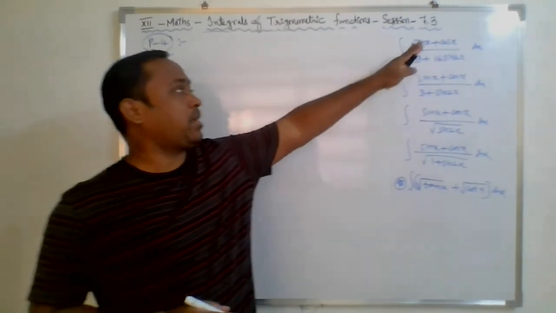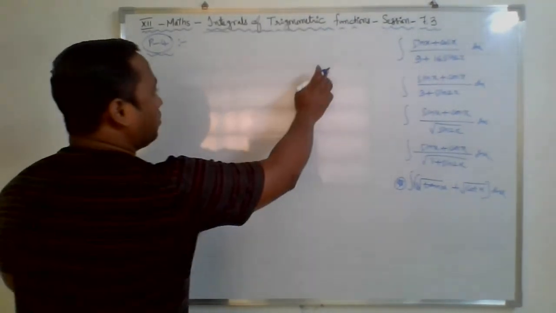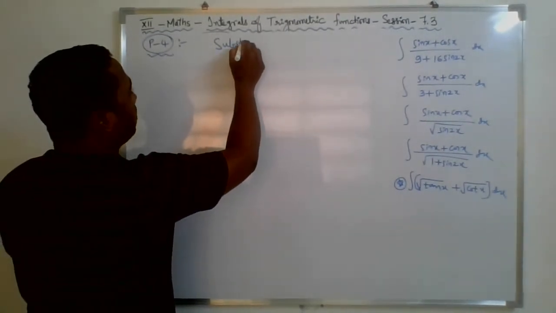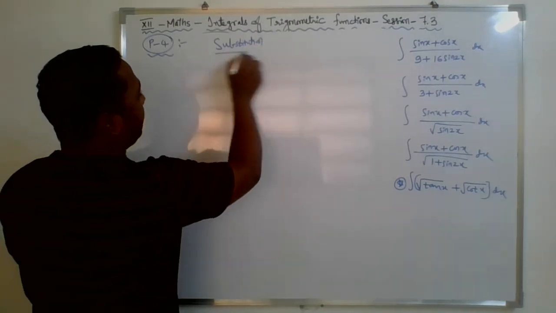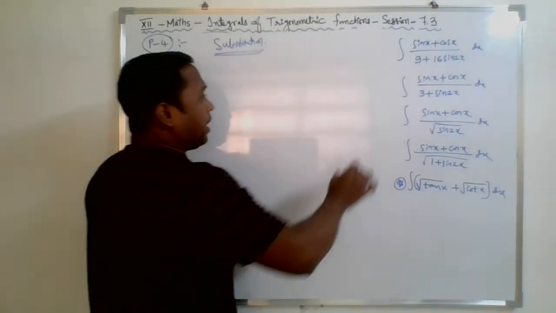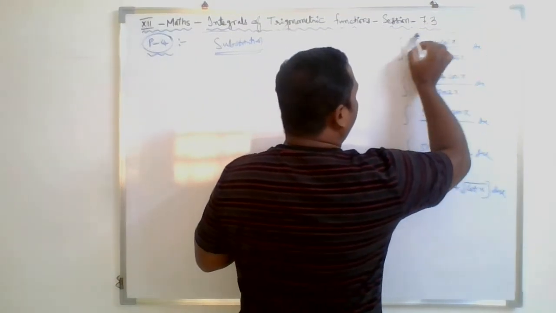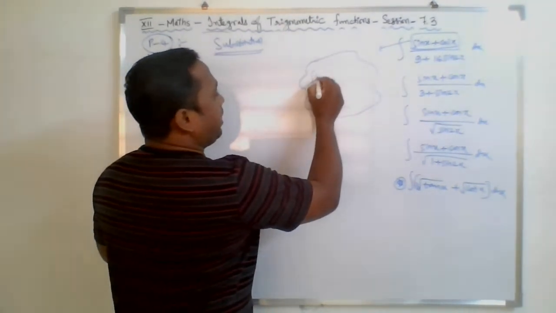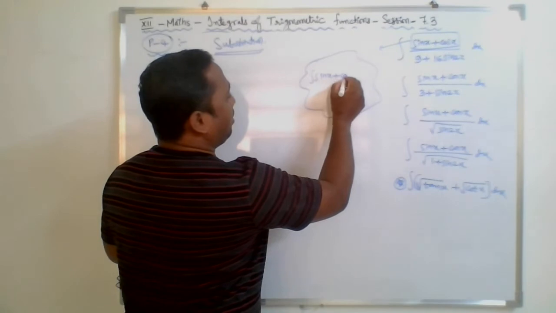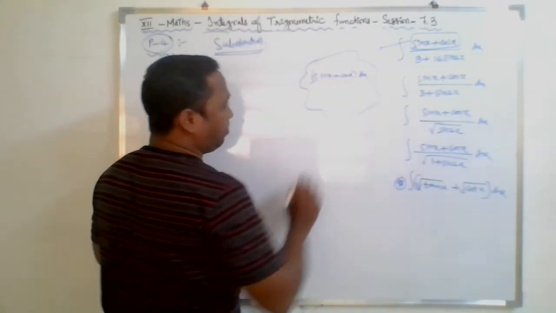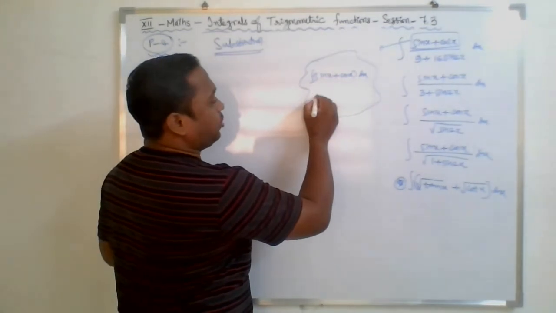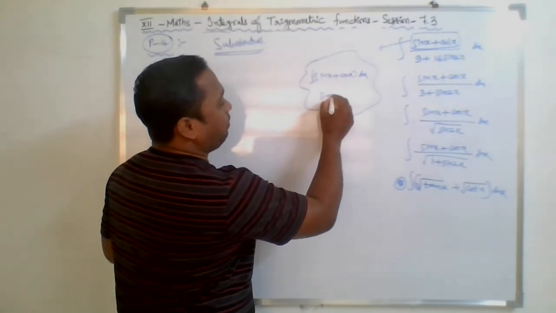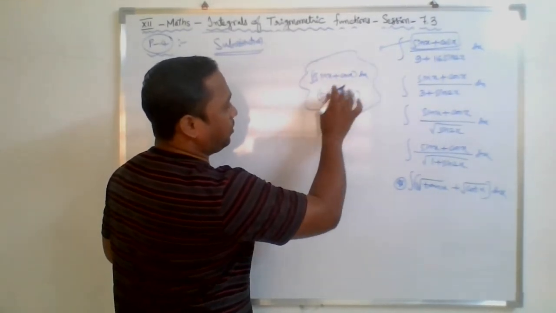If it is sin x plus cos x, we'll take the substitution technique again. These all come under the substitution technique only. So what will you take as the substitution? Simply, it's a thinking process: if you integrate only the numerator part, what do you get? The integral of sin x is minus cos x and of cos x is sin x, hence sin x minus cos x is the answer for the numerator.